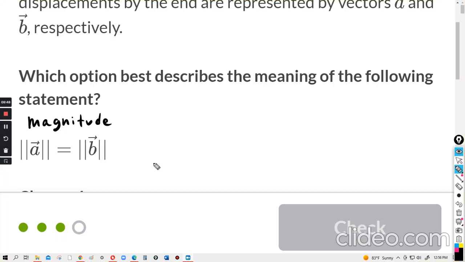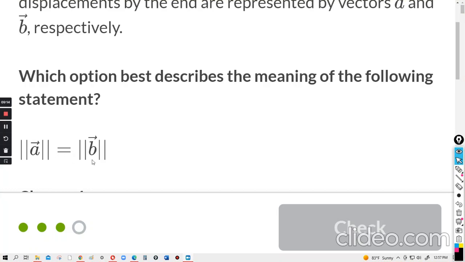Since the vectors represent displacement, the magnitude of the vectors is just going to be the distance. So it's going to be distance only. It's not going to include the direction they went, just the distance that they traveled.